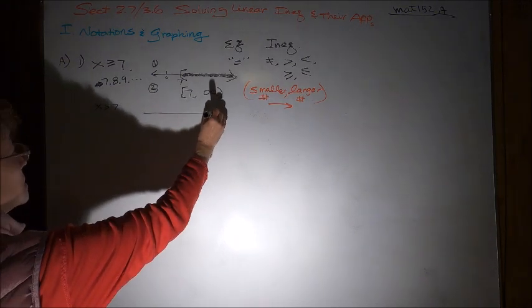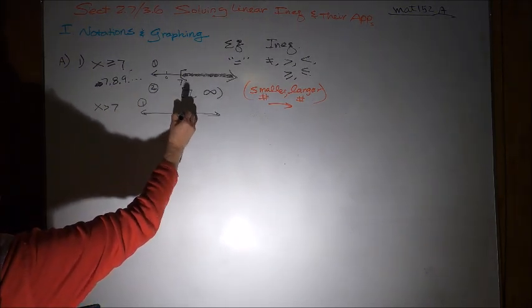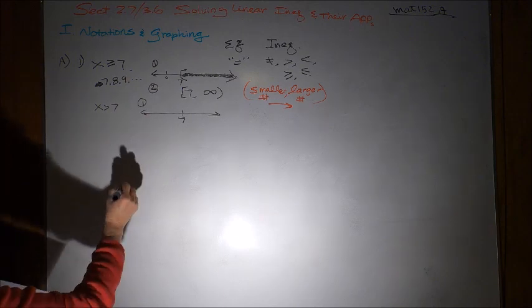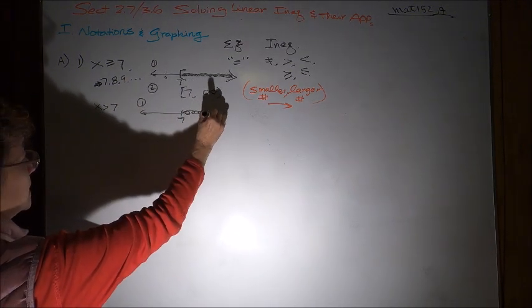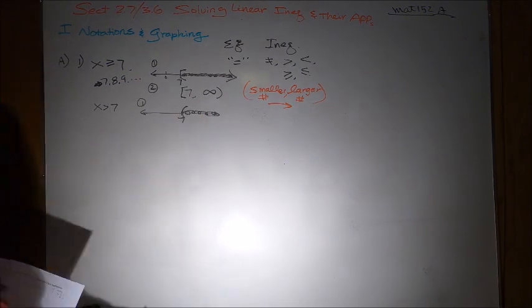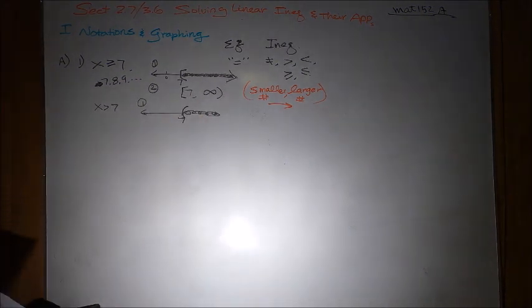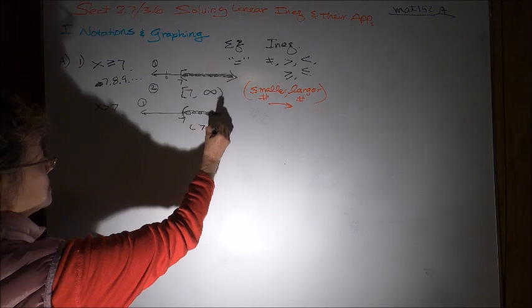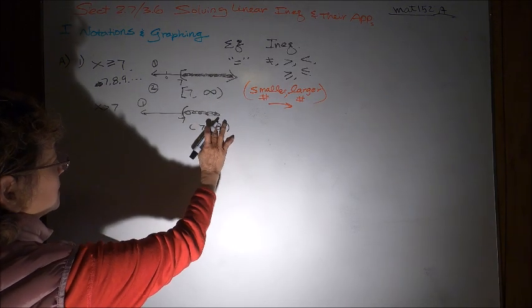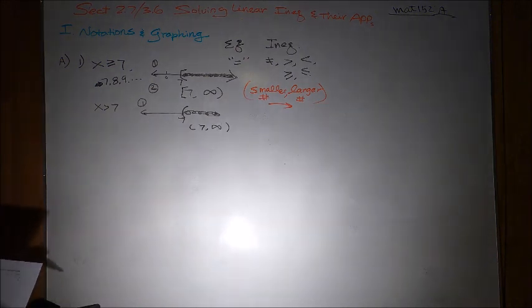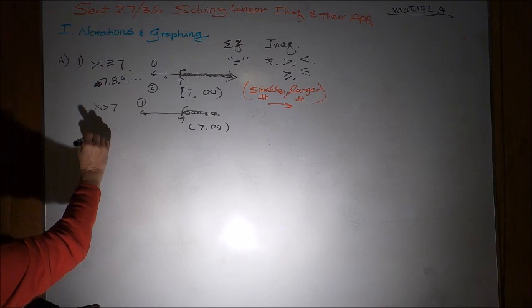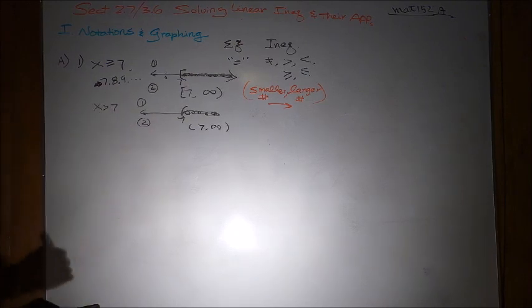It will go from 7 to where? Left or right? Bigger than 7, still goes to the right, right? But this time we use parentheses. Then from 7 to infinity, with parentheses for the 7, right?